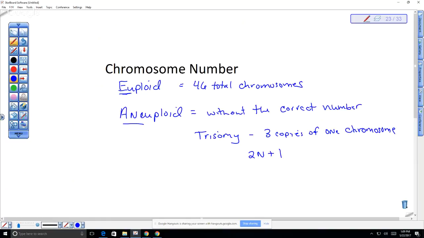But if you add 1, that gives you 47 total chromosomes. We talked about Down syndrome as being trisomy of the 21st chromosome, right? So trisomy 21 is Down syndrome.